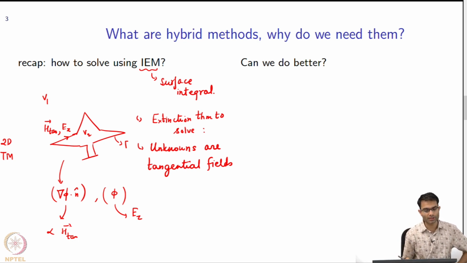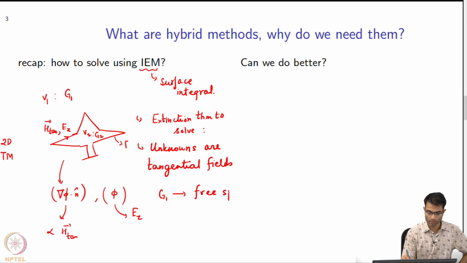In addition to this, what else I needed was the Green's functions g1 and g2. g1 was free space, so therefore easy, and g2 however, for a heterogeneous object, not easy, right.